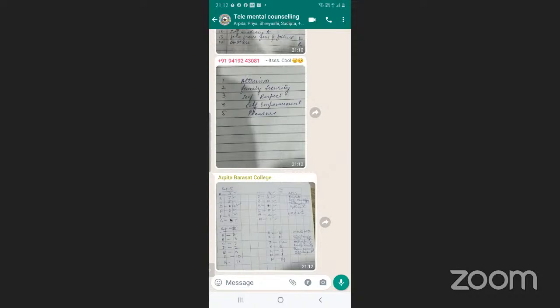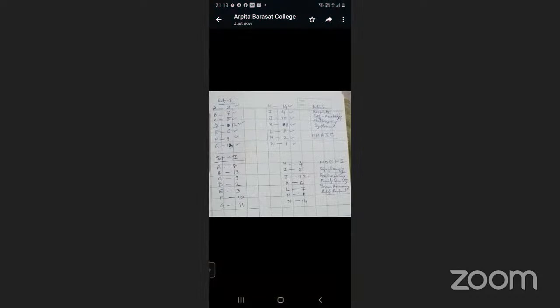Sir, is it okay in this way? 5 values only. Yeah, I have sent it. Yeah, it is okay. Now you write down how these 5 values are acting in your regular life.